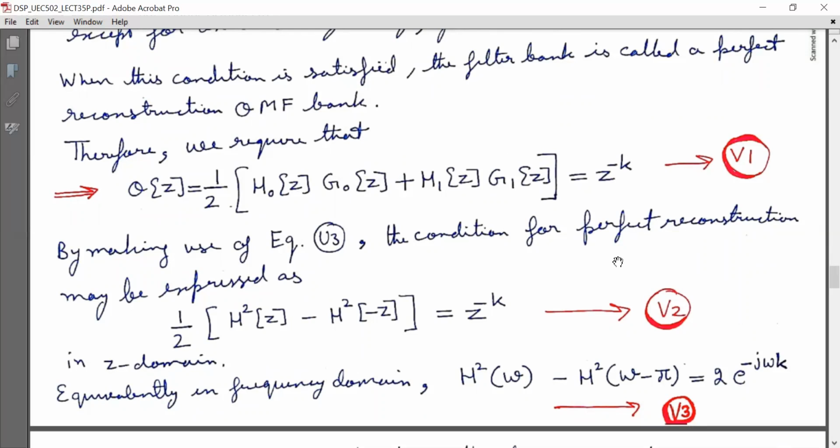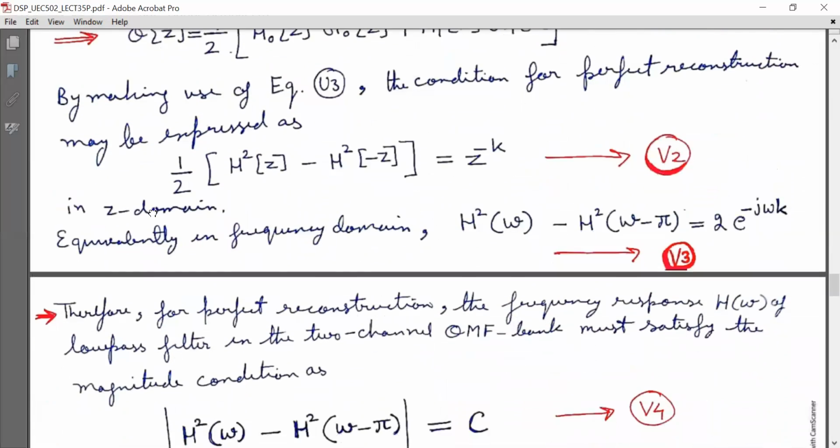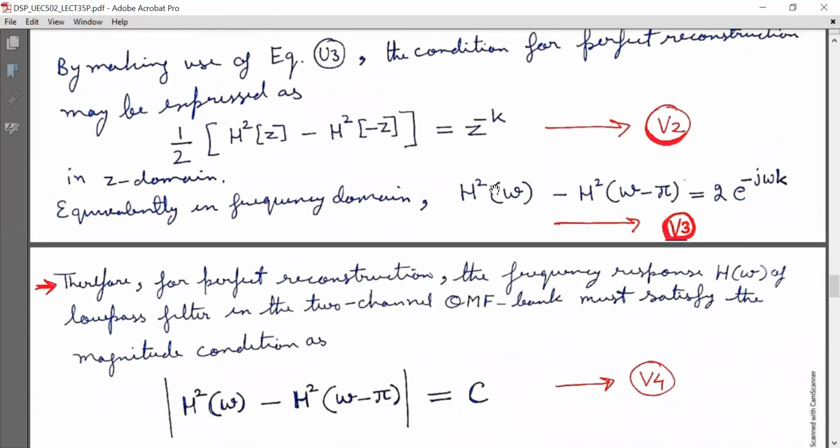The condition for perfect reconstruction may be expressed as 1/2 [H²(z) − H²(−z)] is equal to z raised to minus k. Mark it as equation V2 in Z domain. Equivalently, in the frequency domain, H²(ω) − H²(ω − π) is equal to 2 e raised to minus jωk. That is in the DTFT domain. Mark it as V3.